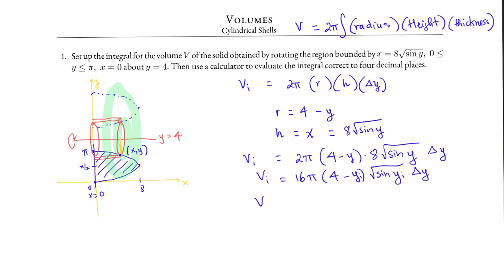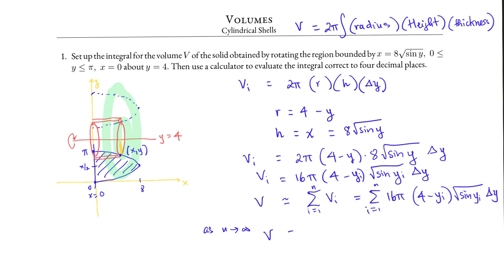The total volume is approximately the sum of n of these volumes as i goes from 1 to n. Each of these volumes is 16 pi times 4 minus y sub i, times the square root of sine of y sub i, delta y. As n goes to infinity, we obtain the exact volume as the integral.